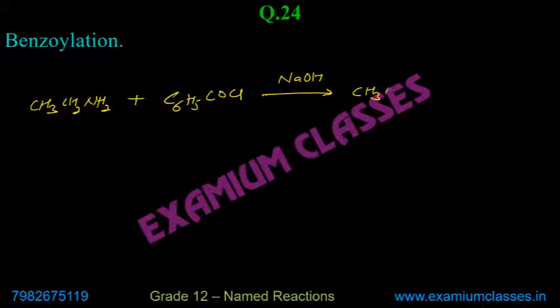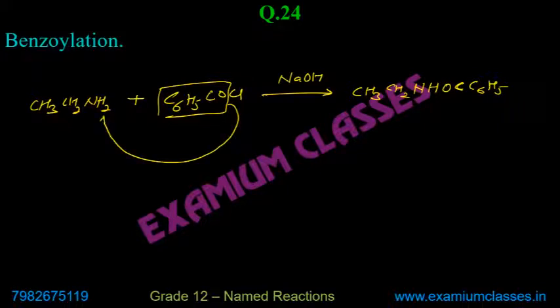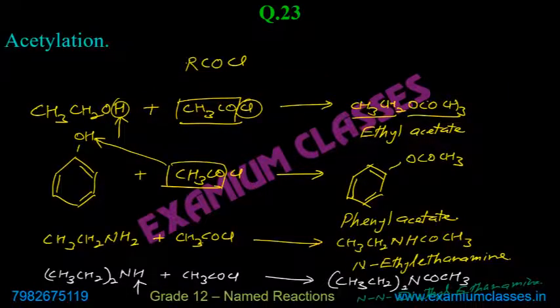Then we have CH3CH2NH2, and the product has COC6H5. I have written it as OC. This actually gets attached. Hydrogen is replaced, so it's a similar reaction to what we did in acetylation.